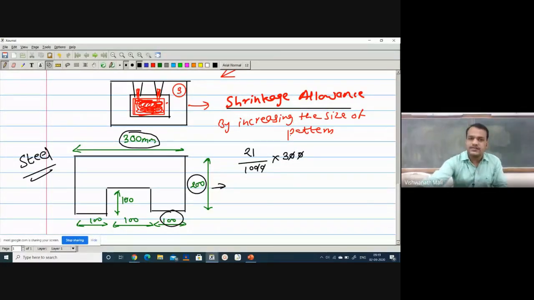If you calculate this, it comes to around 6.3 mm. Then the next dimension is 21 upon 1000 into 200, so it will be 4.2 mm shrinkage allowance we need to give.